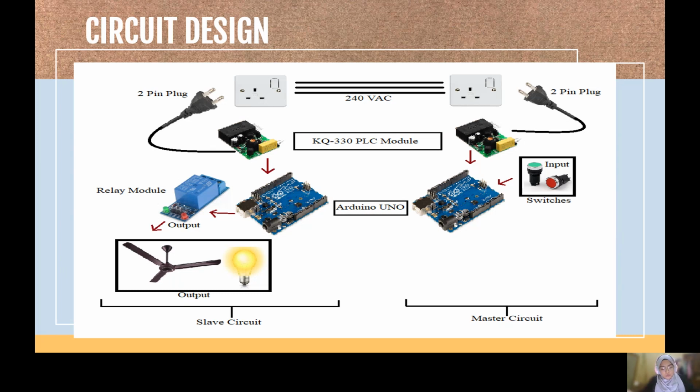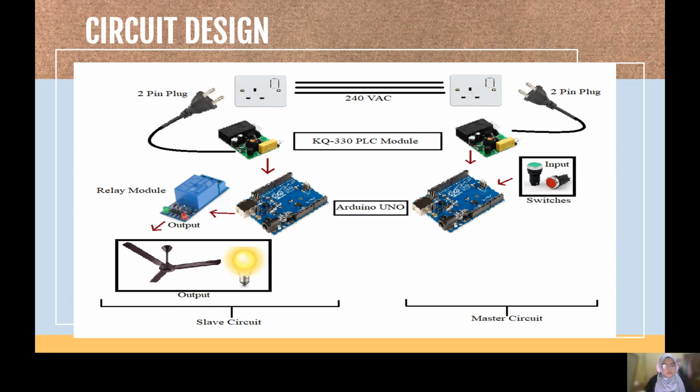The Arduino will process the instruction and then perform control action to the output device, which is the relay module. The relay module is actually also a switch, but it is electrically driven. The relay module will then be connected to home appliances such as fan, lamps, switch socket outlet, and more.